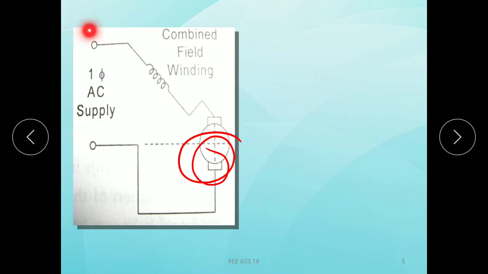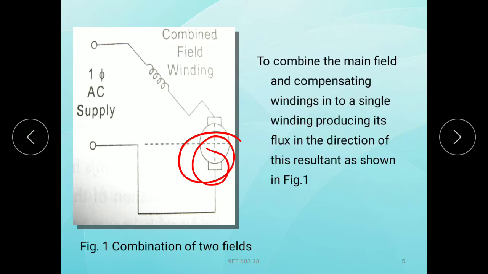So here this is the AC supply, combined field winding, and this armature. This is the AB axis and this is the CD axis. So this is the combination of two fields.